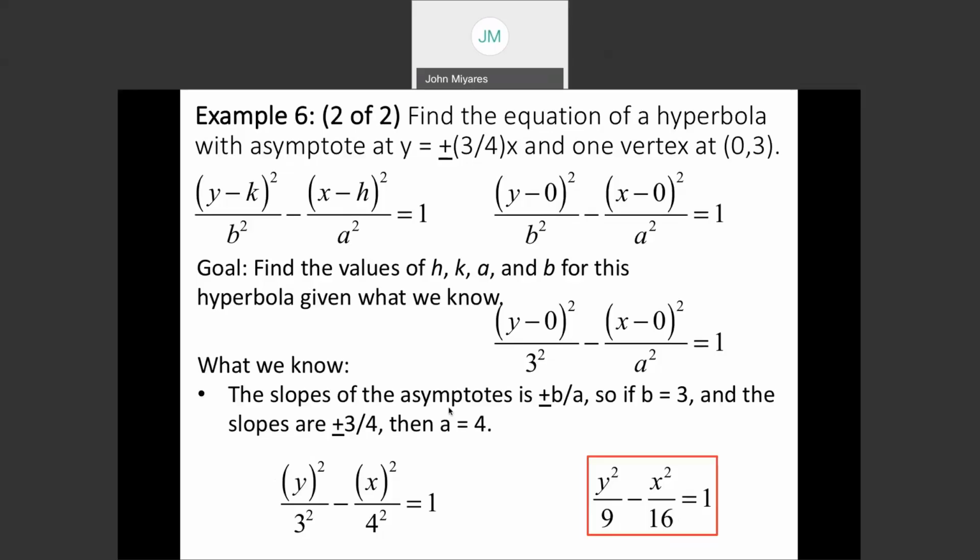If b were 6 and the slope was 3/4, in that case, the value of a would be 8, since 6 over 8 would reduce to 3 over 4. I didn't put that example here, but you may see something like it on a problem challenge or on a homework assignment in WebAssign.